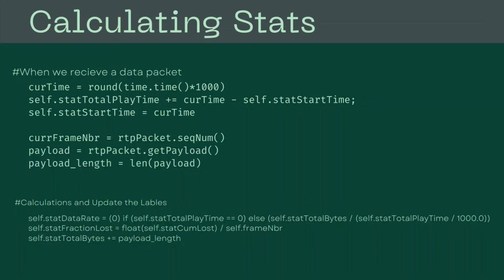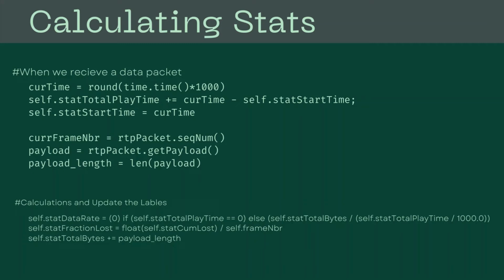Then we update the start time to the current time. Then we use the methods provided by the RTP packet class to get the current frame number and the payload. Then we calculate the length of the payload and store it in a variable.